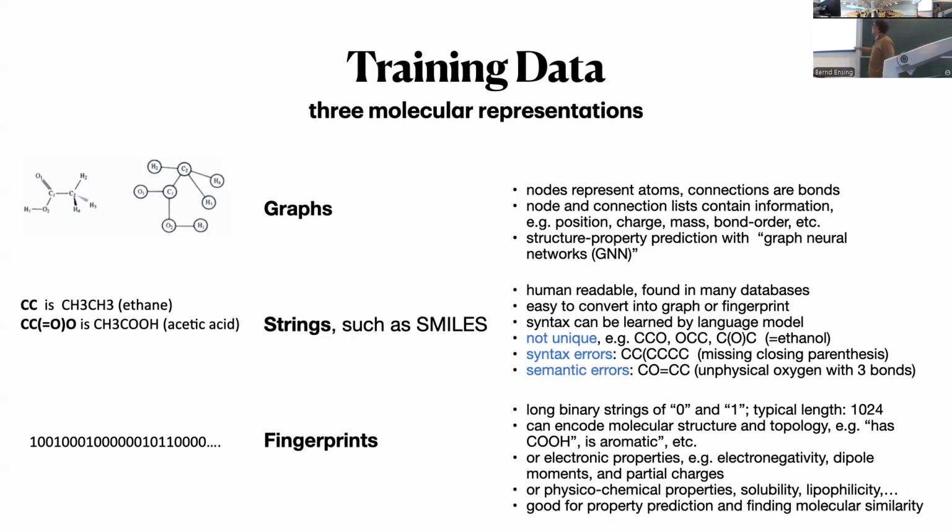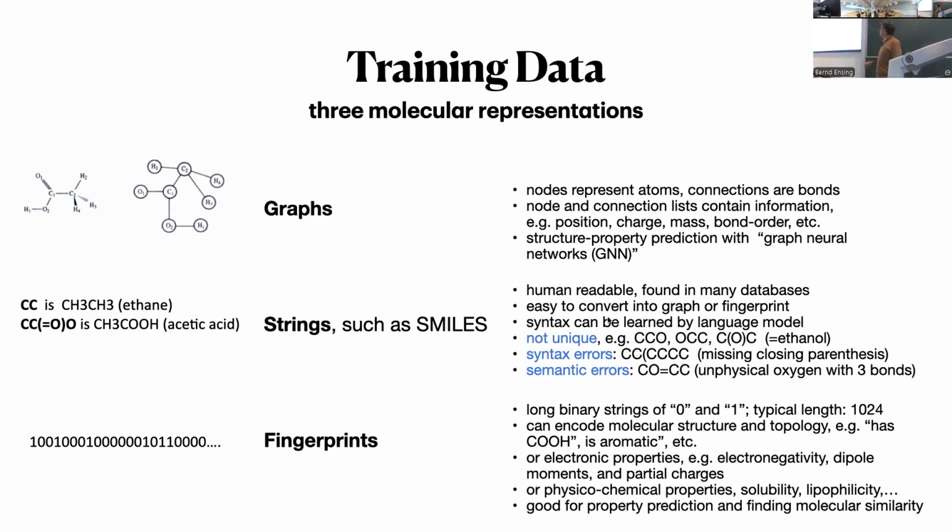But it can also encode other stuff, like electronic properties, like electronegativity, dipole moments, or physicochemical properties, such as the solubility, etc. And so you can encode all sorts of stuff there, which can be very helpful to try to predict properties like solubility. So it's very good for property prediction.